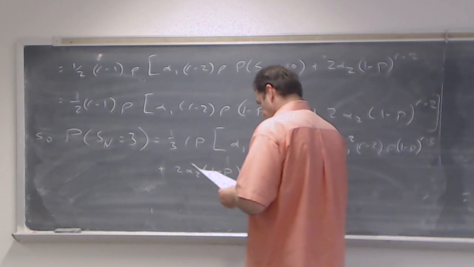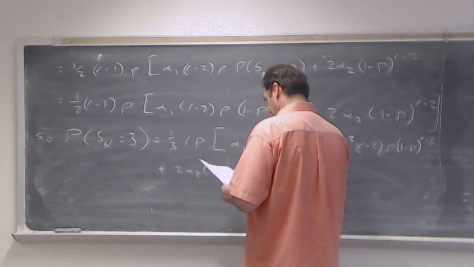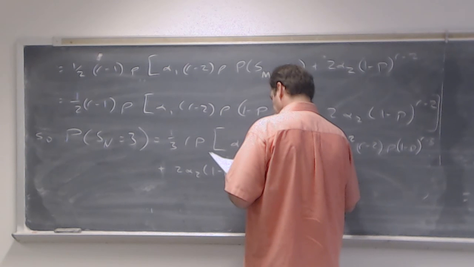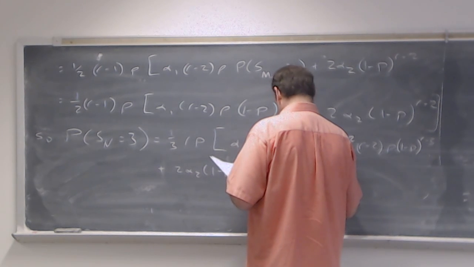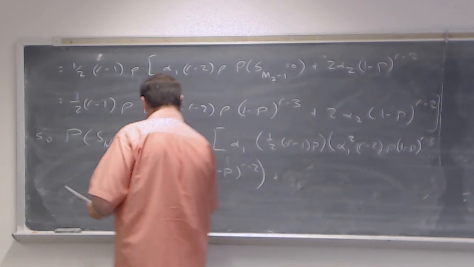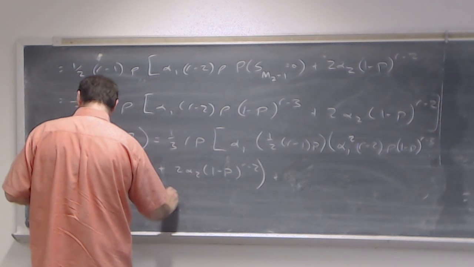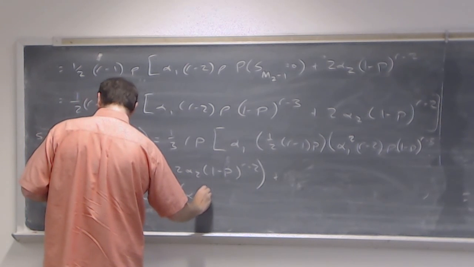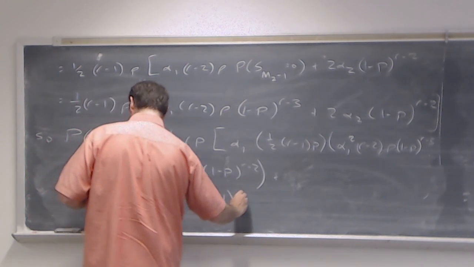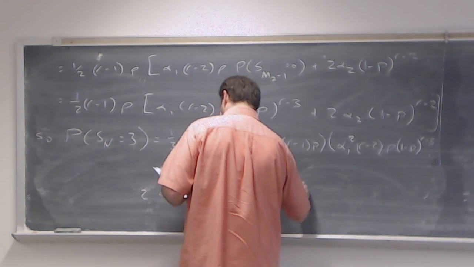I've got more. All right, plus, so inside still this bracket, 2 times alpha sub 2 times alpha sub 1 times r minus 1. You know what, let me write it down here. Plus 2 times alpha sub 2 times alpha sub 1 times r minus 1 with p times p times 1 minus p raised to the r minus 2.